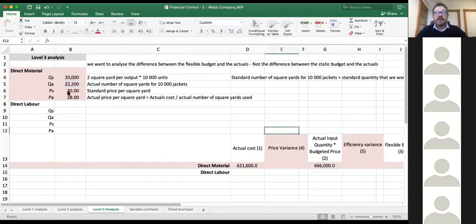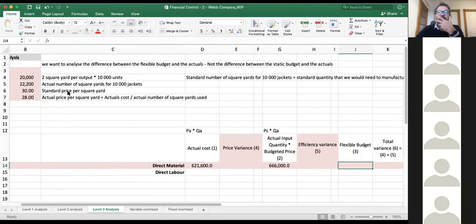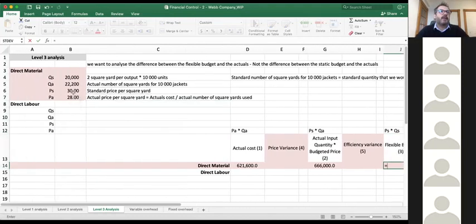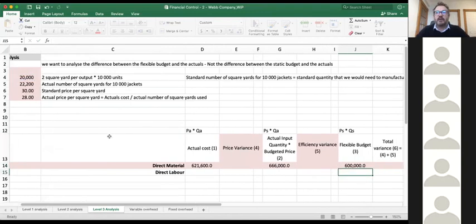Okay, so this is PA times QA, and this one is PS times QA. And the last one, flexible budget, is of course PS times QS. So it's this one times this one, okay?